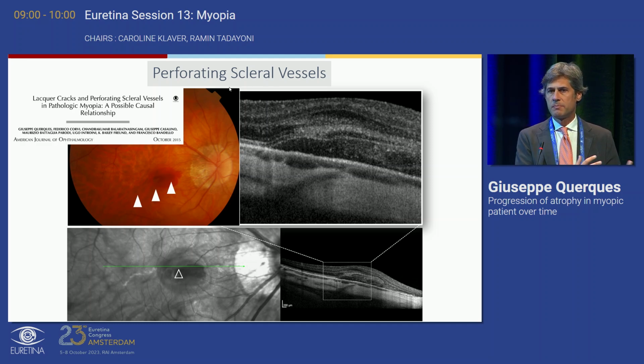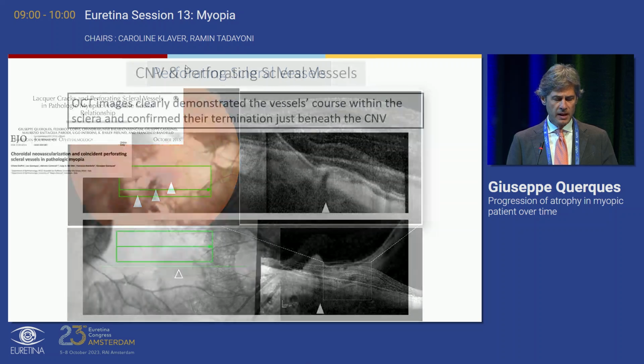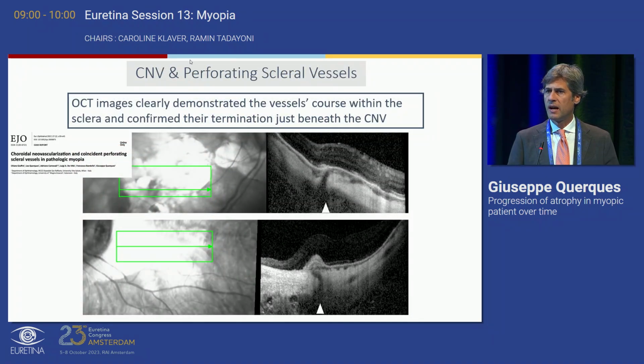So why some eyes may develop atrophy or new vessels while they have the same axial length or the same magnitude of staphyloma? This could be related somehow to the position of these perforating scleral vessels, which are also associated with development of neovascularization.